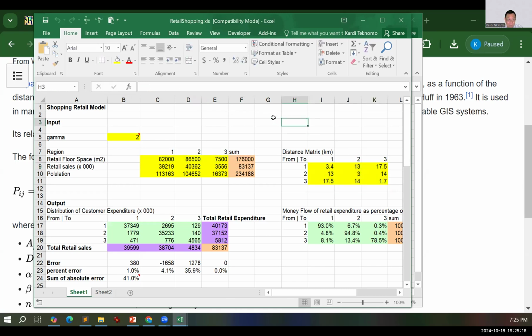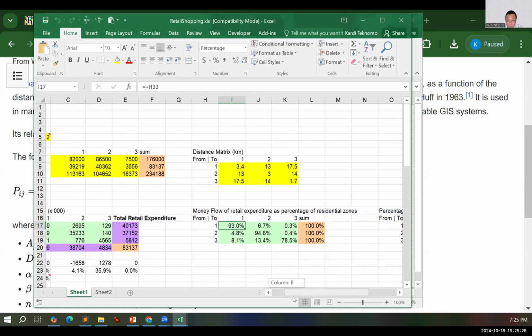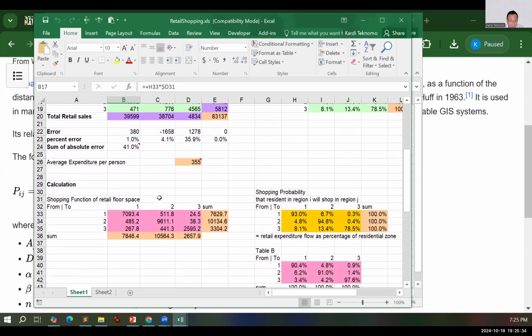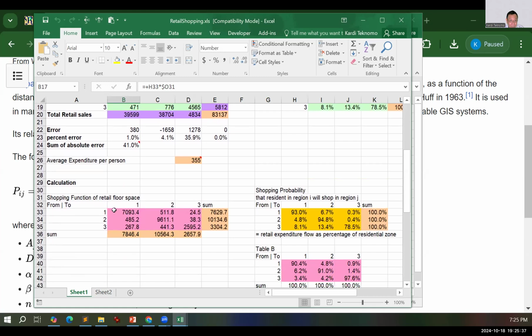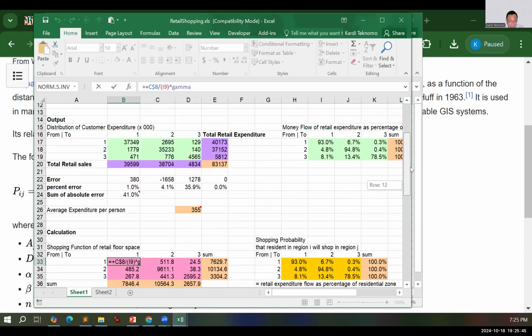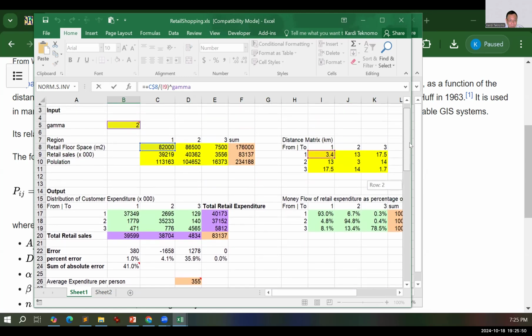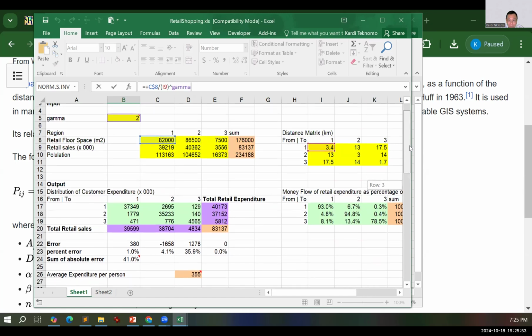So you can compute the output here. You can calculate, from to, as a function of retail shops, divided by the distance.